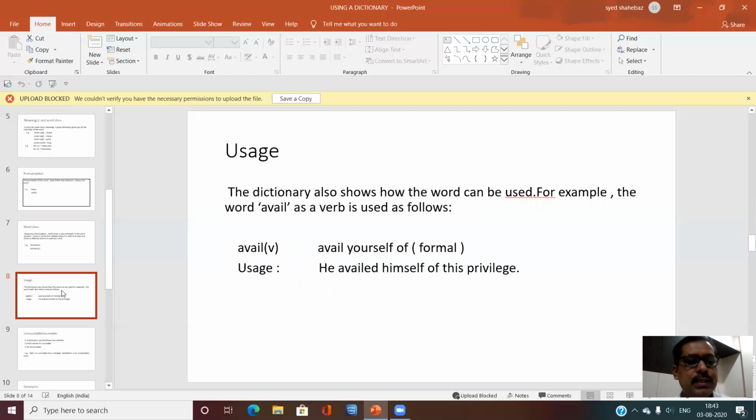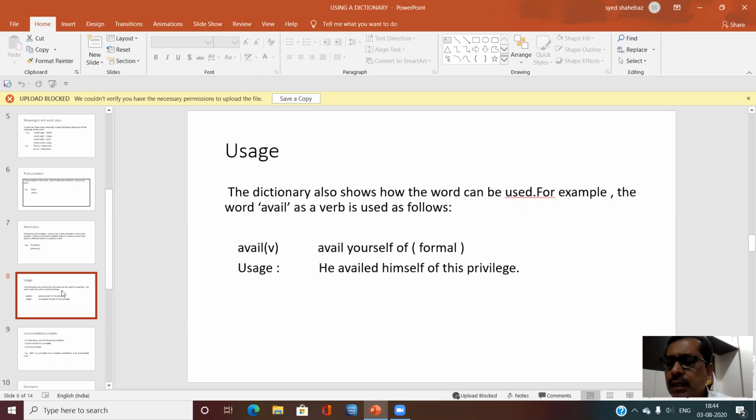Next, usage. You can use words in different contexts, in a literal sense, in a figurative sense. The dictionary also shows how the word can be used. For example, the word avail as a verb is used as follows.